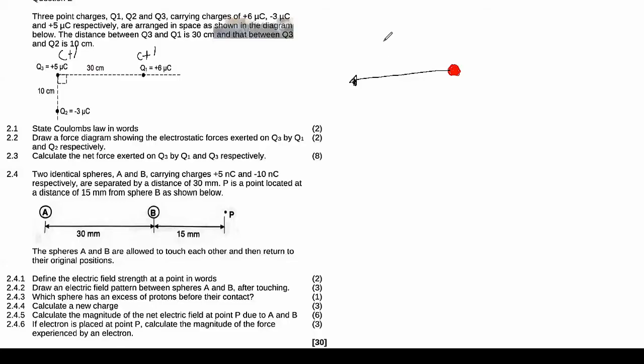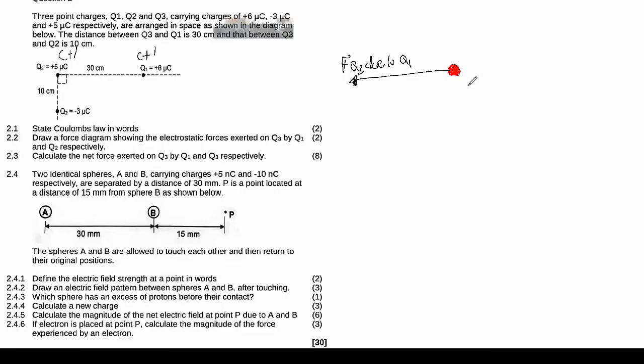So we need to indicate this is the force of Q3 due to Q1. Right. So we're saying that Q3 will be repelled to the left due to the repulsion force it feels from Q1. But then what about Q2? Q2 is a negative charge, while our Q3 there is a positive charge, right?